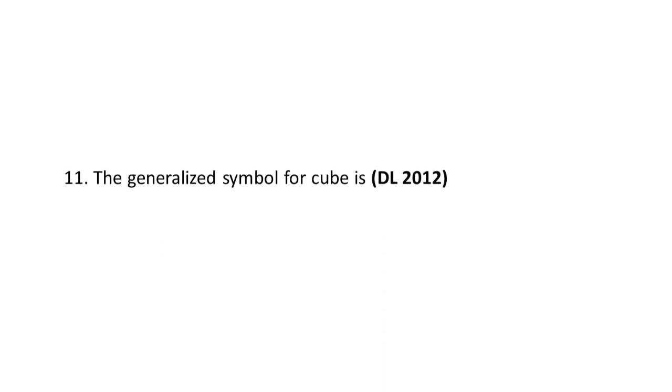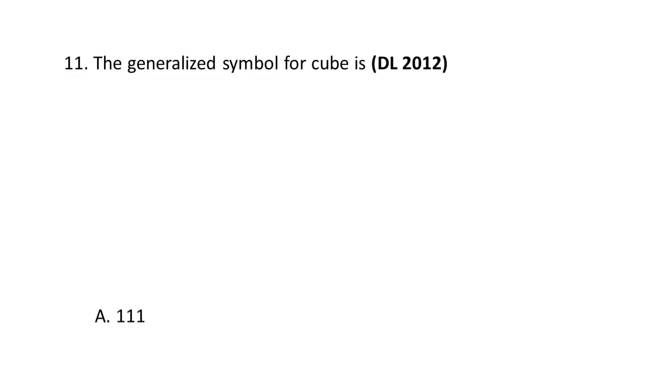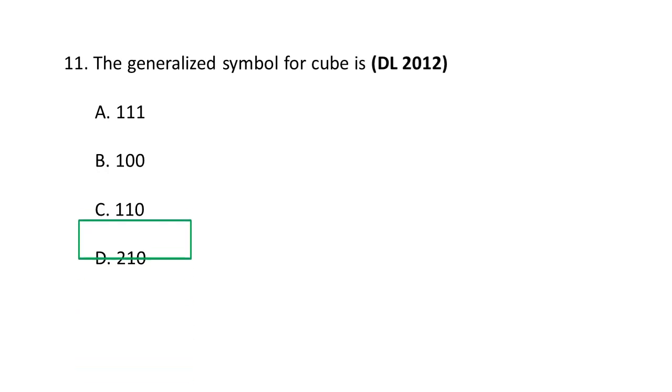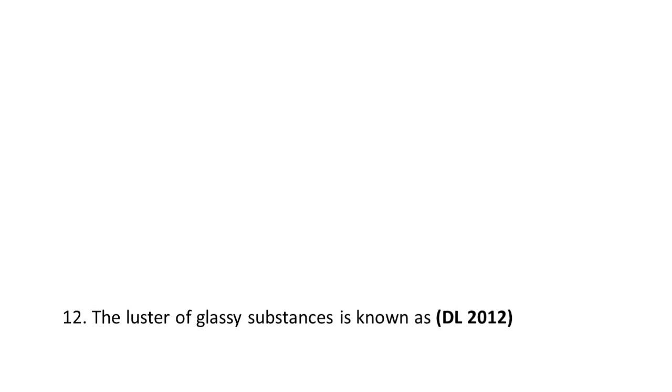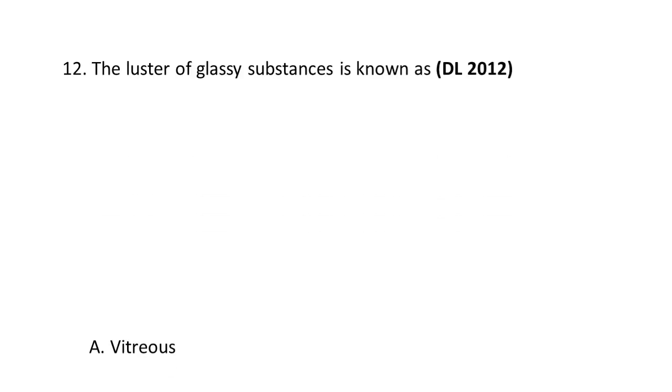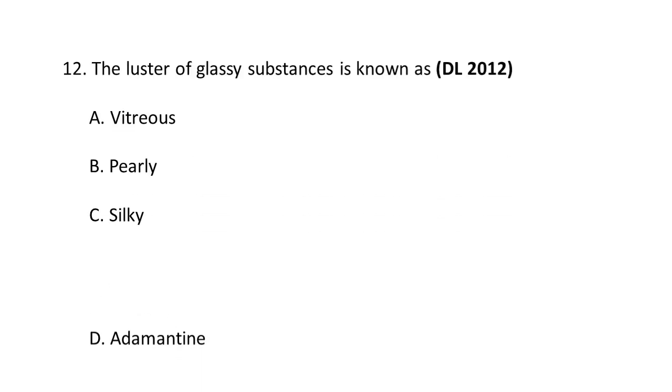Next question. The generalized symbol for cube is A. 111, B. 100, C. 110 and D. 210. So the correct option is B. 100. Next question. The luster of glassy substances is known as A. vitreous, B. pearly, C. silky, D. adamantine.